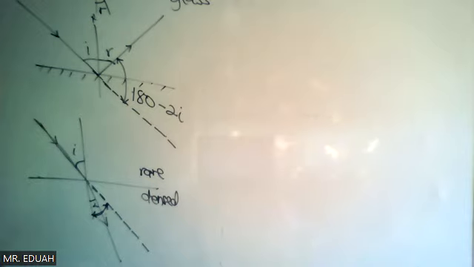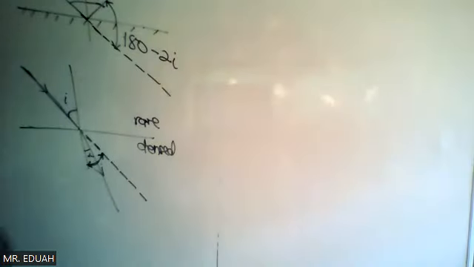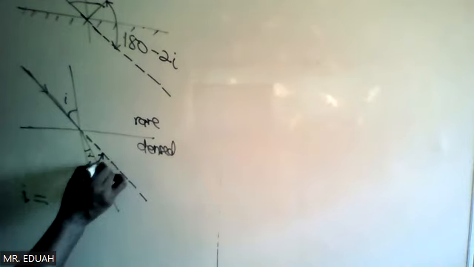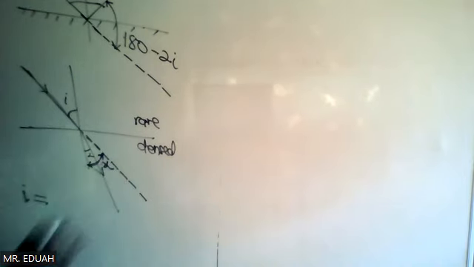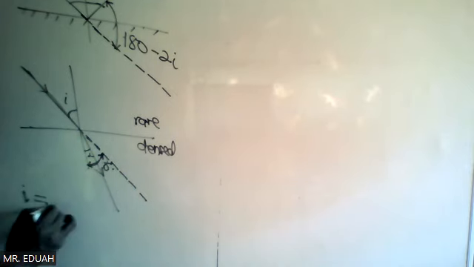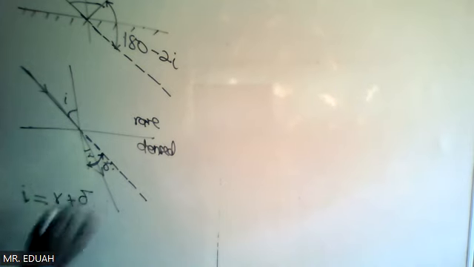So by the vertically opposite angle rule, i must be equal to, let me represent this by sigma, so i is equal to r plus sigma.